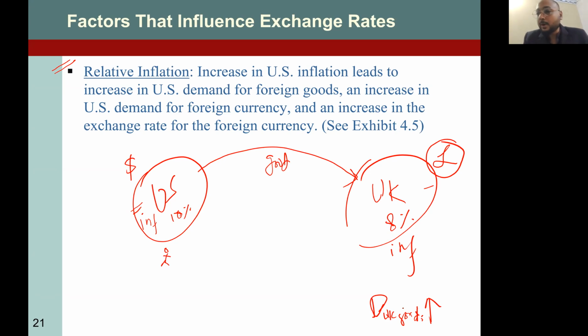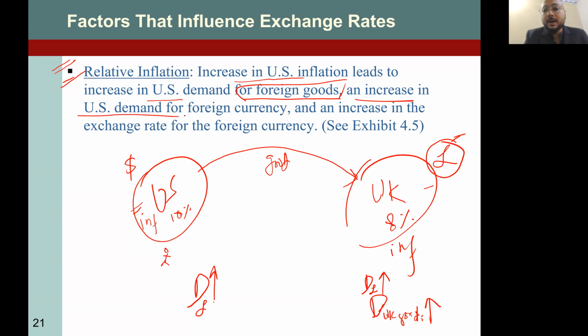So when demand for UK products increases, the demand for pound also rises, because you would be selling your currency, dollars, and buying more pounds. So demand for pound increases. That's what I have written here. Increase in US inflation leads to an increase in US demand for foreign goods, UK goods, and an increase in US demand for foreign currency, which is the pound.